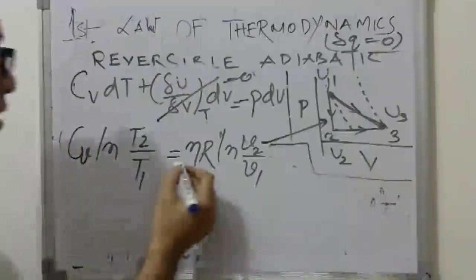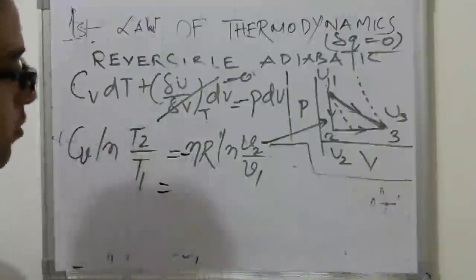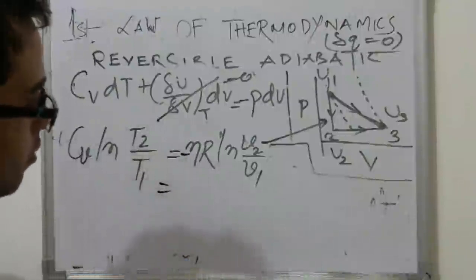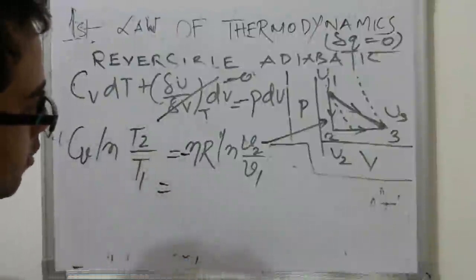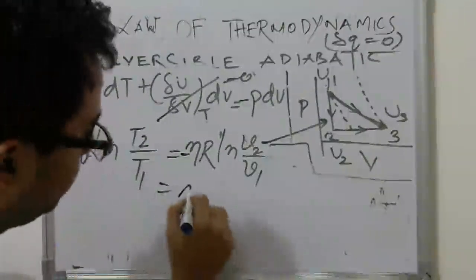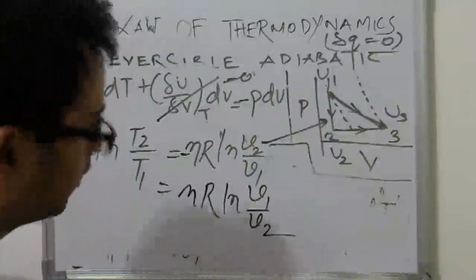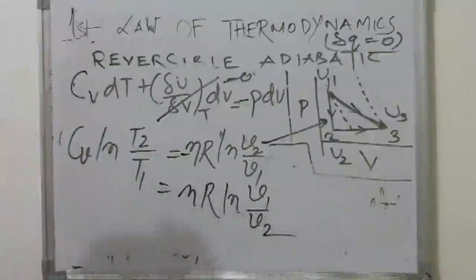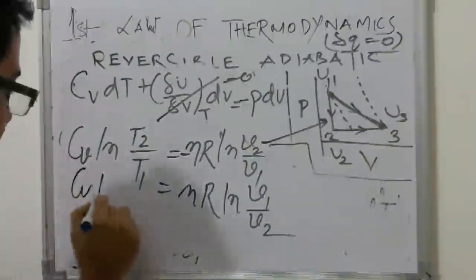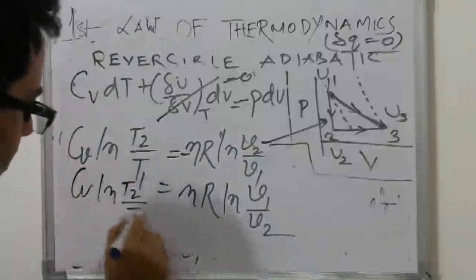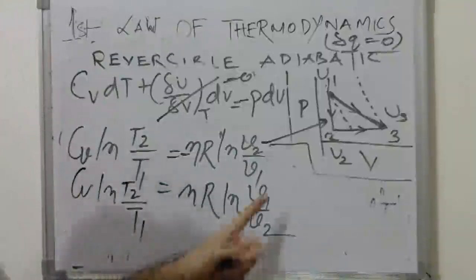So if I just take this negative term over here, it will become nR ln V1 by V2. So CV ln T2 by T1 is equal to nR ln V1 by V2.